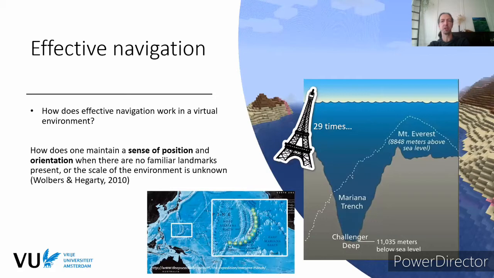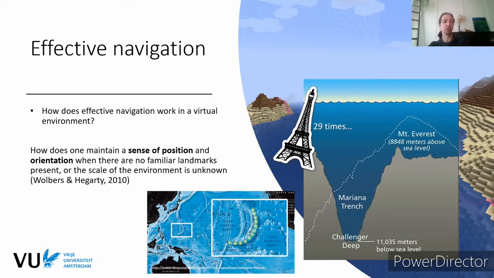So to answer this main question, of course, I cut it up in pieces. And first of all, I started looking at how you effectively navigate a virtual environment, or how you effectively navigate at all, normally. So how do you maintain, for example, your sense of position, your orientation when you're in an unfamiliar environment?